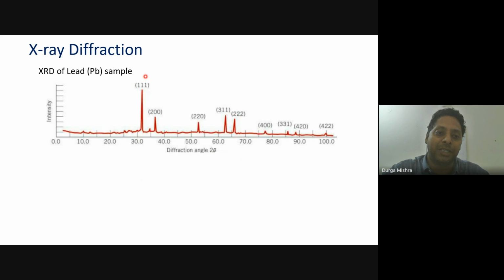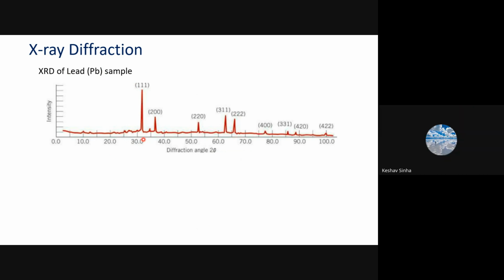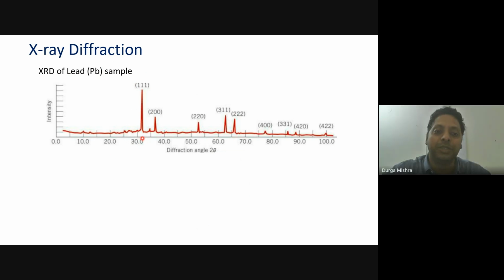For this particular sample, let's say this is around 30, this is 35, so this is around 32, between 32 and 33. If I put the detector at 32, the sample has made an angle of about 16 degrees with respect to the X-rays.